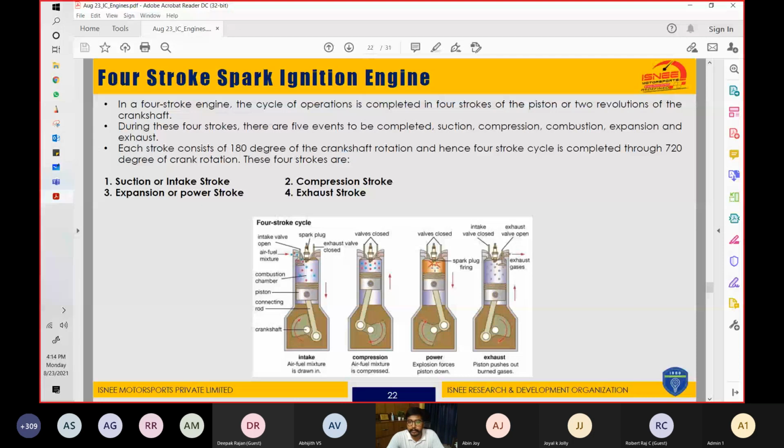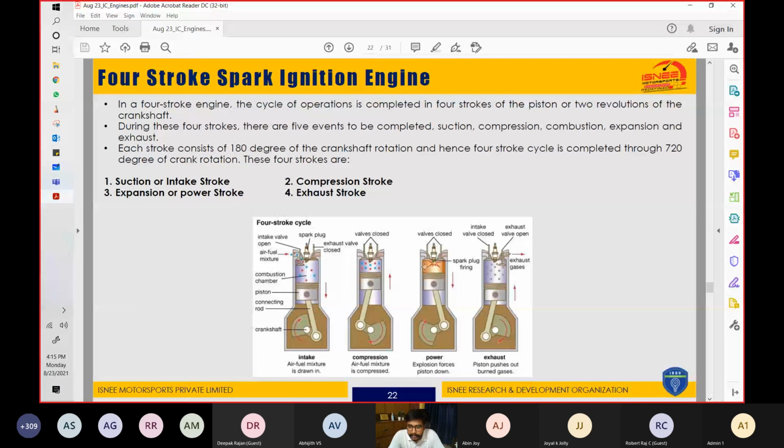In this case, since this is a spark ignition engine, this fuel is to be burned by a spark, and as soon as it reaches the top dead center, this spark will happen, and this spark will create an explosion of the fuel, and that explosion will push the piston down.